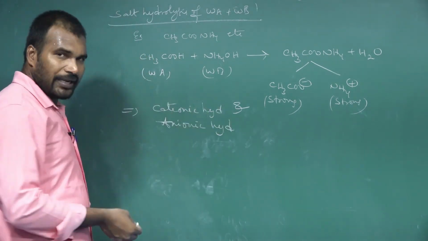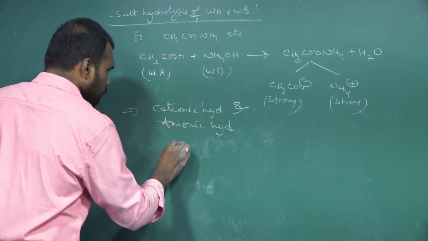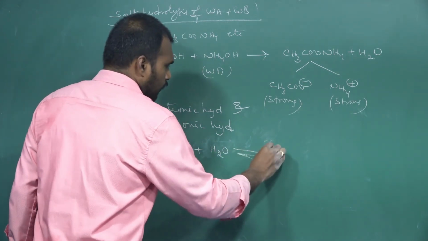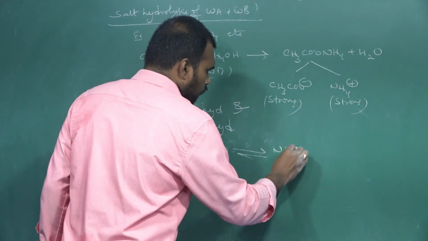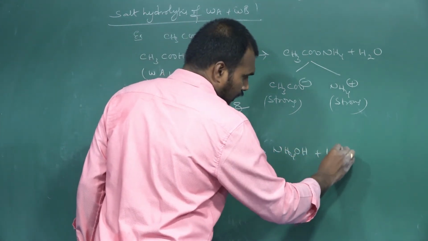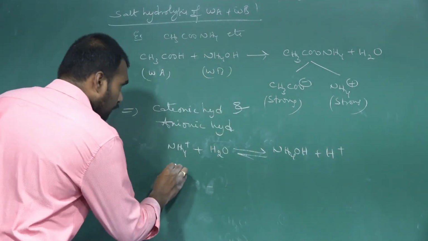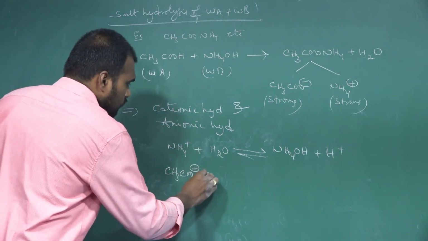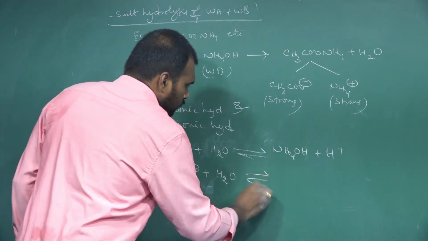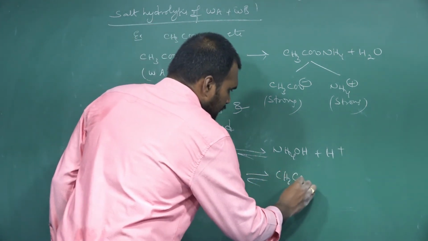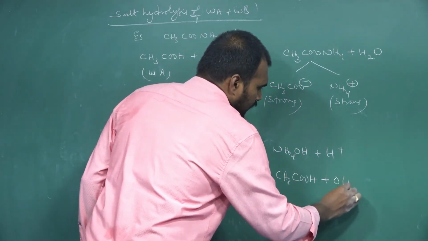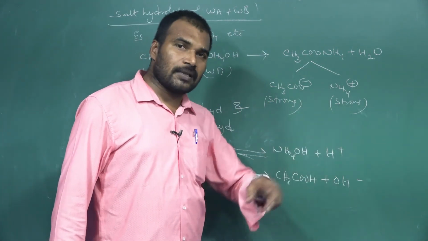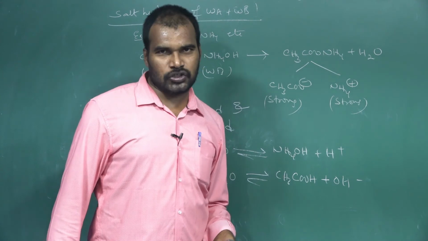If there is cationic hydrolysis, NH4 plus will react with water and produce NH4OH and liberate H plus ions into the solution. If acetate ion CH3COO minus reacts with water, it liberates CH3COOH and OH minus ions into the solution. So here both H plus and OH minus ions are released into the solution.